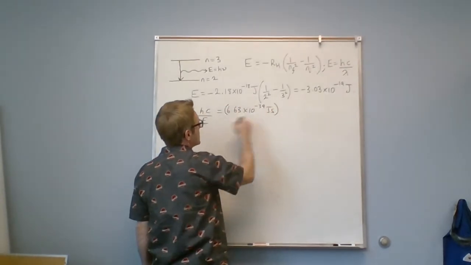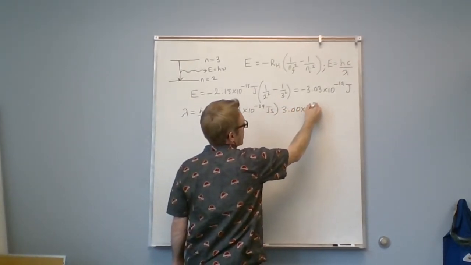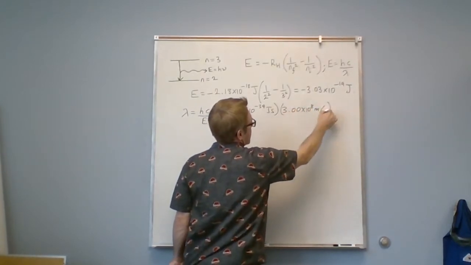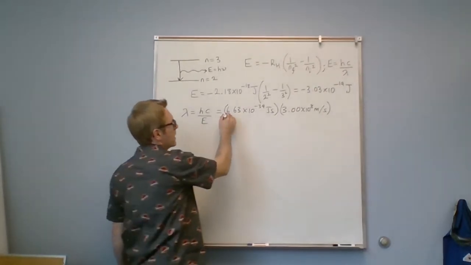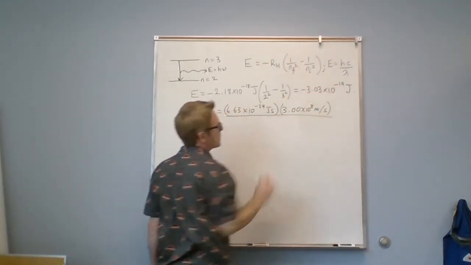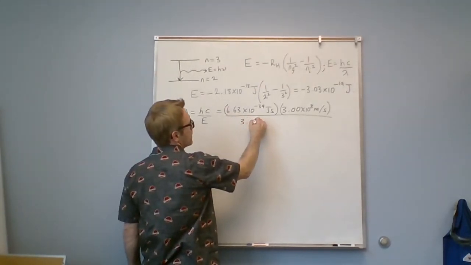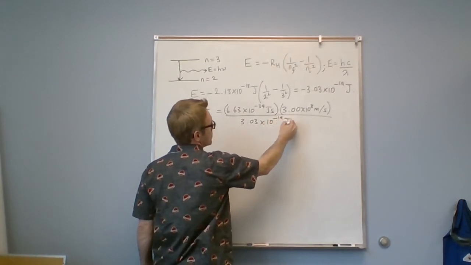The speed of light, c, is a constant that you would learn, 3.00 by 10 to the 8 meters per second. And energy is our value from here, the absolute energy, so 3.03 by 10 to the negative 19 joules.